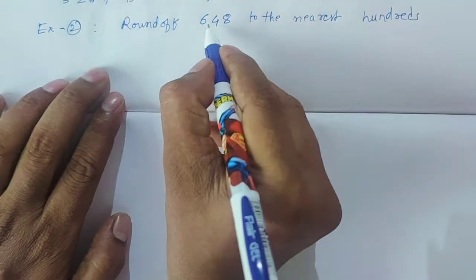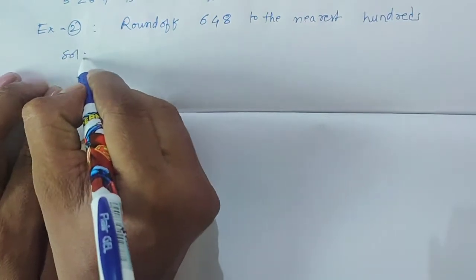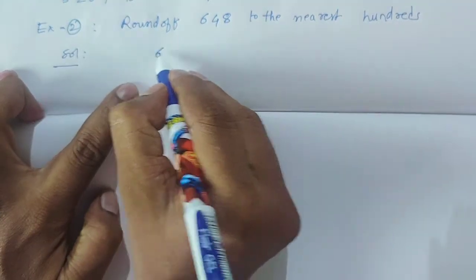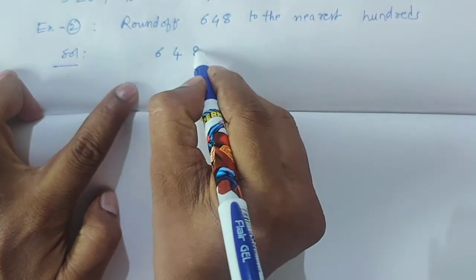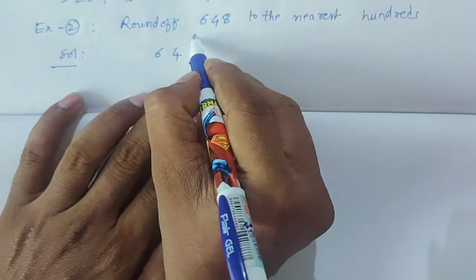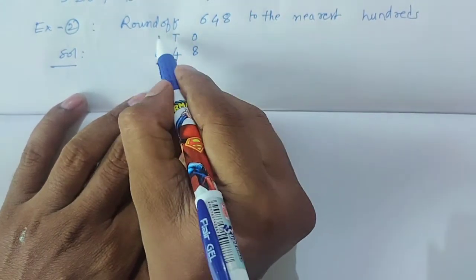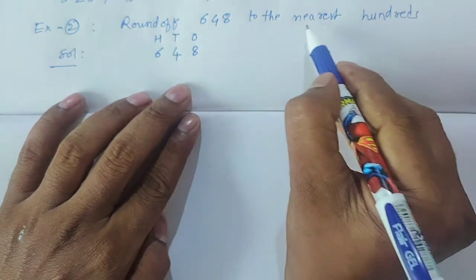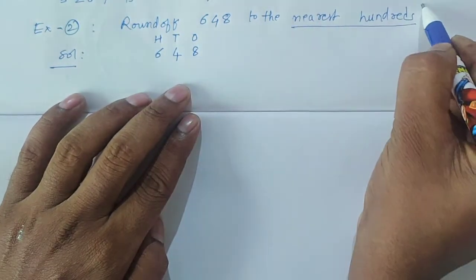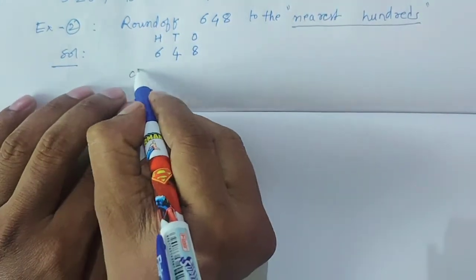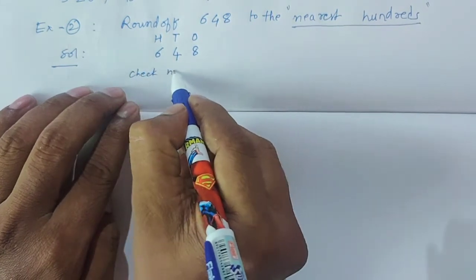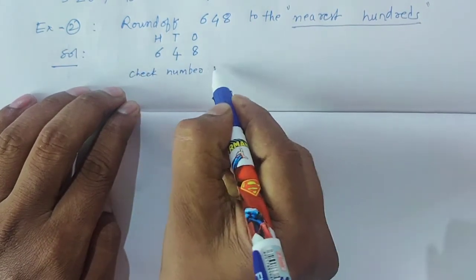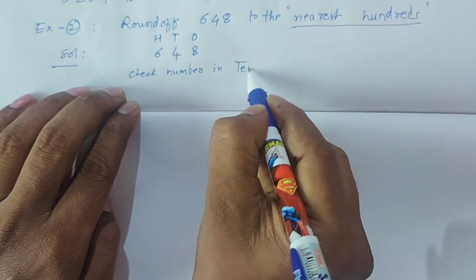So first you have to write the number given, 648. Now write their places: ones place, tens place, here it is hundreds place. Since they are asking for nearest hundreds, we have to check the number in tens place.